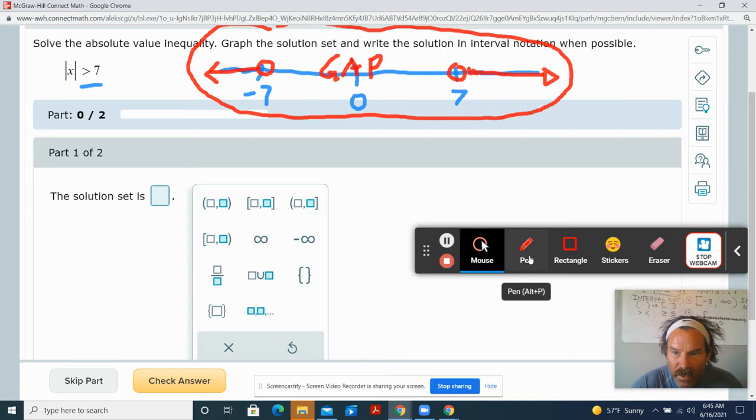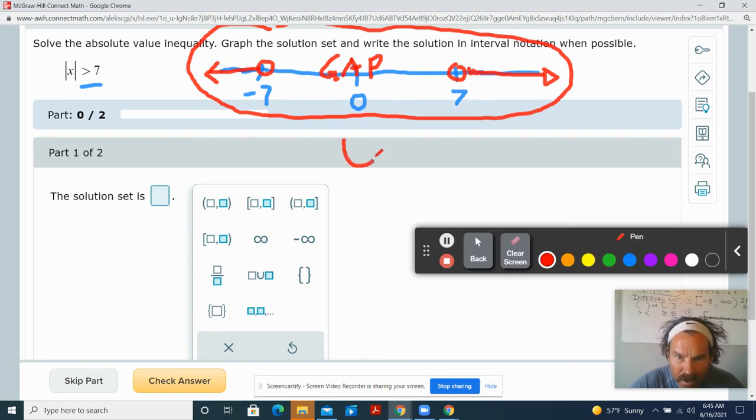Okay, the U is the gap. Think about it as like the Grand Canyon. If you've seen the Grand Canyon, it's a very deep hole. So that's the gap right here. Okay, and this sign right here is the gap sign.